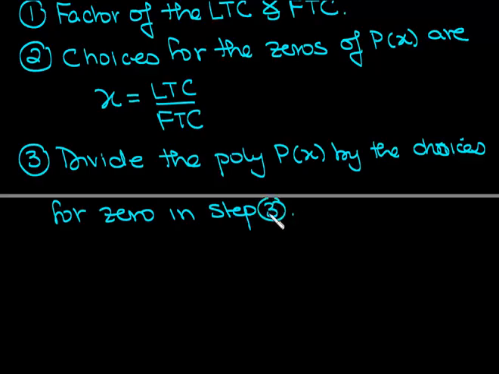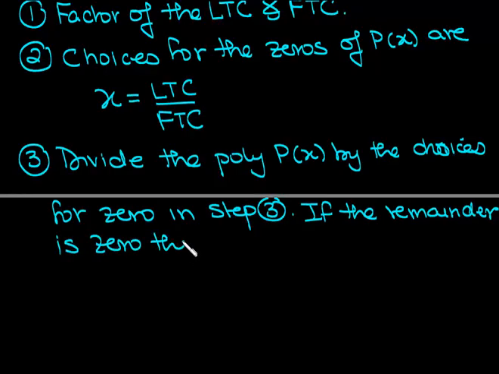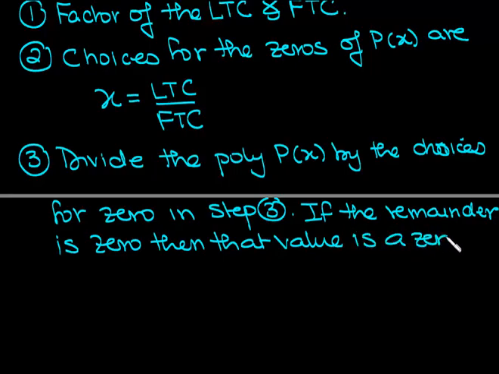If the remainder is 0, then that value is a 0 of the polynomial.